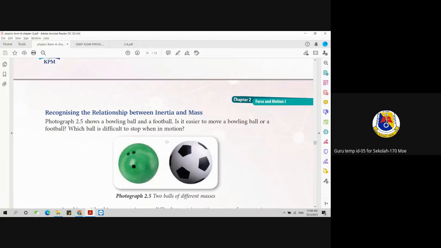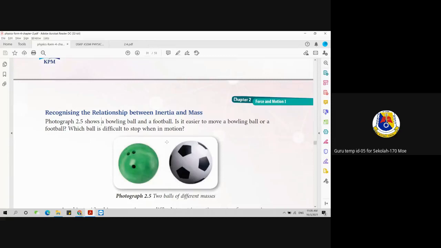It's easier to move. So we must know what inertia is. Inertia is the tendency of an object to remain at rest or keep moving at uniform velocity, unlike the bowling ball.